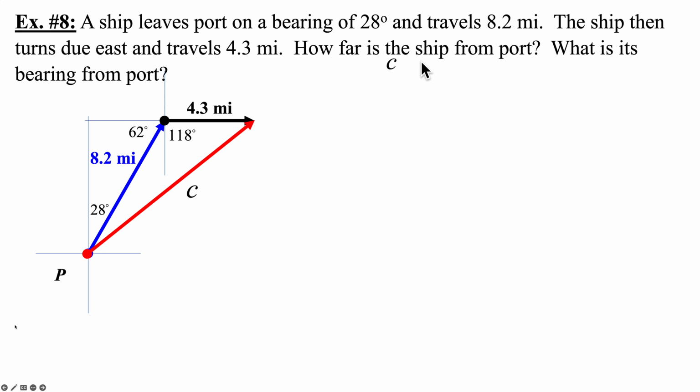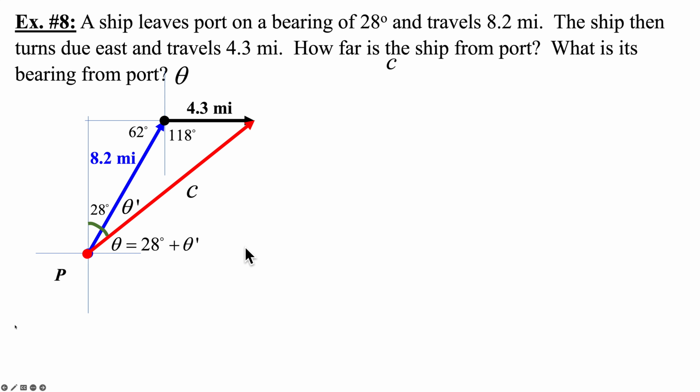So how far is the ship? We'll call that side C. My bearing theta is going to be from the north line to the red vector right here. That will be 28 degrees plus this theta prime right here between the blue and the red vector. So let me throw in a theta prime there.